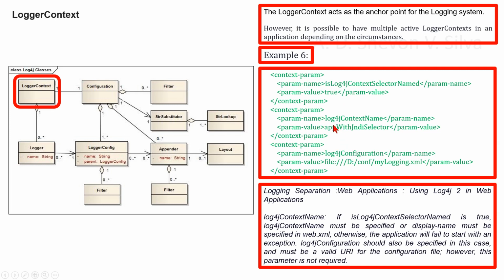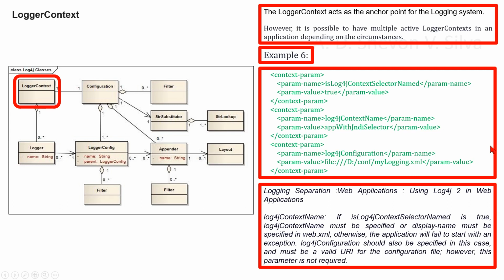Log4jContextName: if isLog4jContextSelectorNamed is true, Log4jContextName must be specified or display-name must be specified in web.xml. Otherwise, the application will fail to start with an exception. Log4jConfiguration should also be specified in this case and must be a valid URL for the configuration file. However, this parameter is not required.